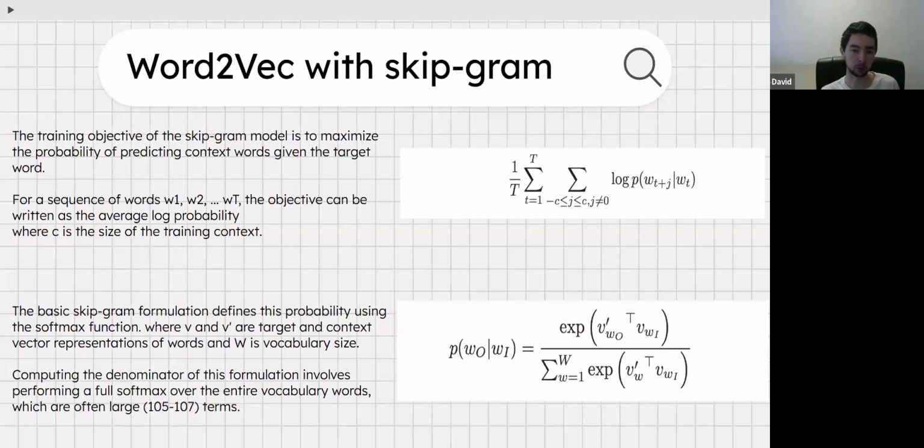If we use word2vec with skip-gram and this softmax function, we would have to compute the denominator of this function, which involves performing the softmax over all the vocabulary words, because we want to predict one particular word out of the entire vocabulary. To do that, we need to determine the probability of each word being the output word.